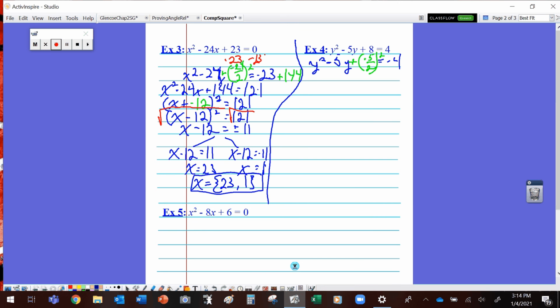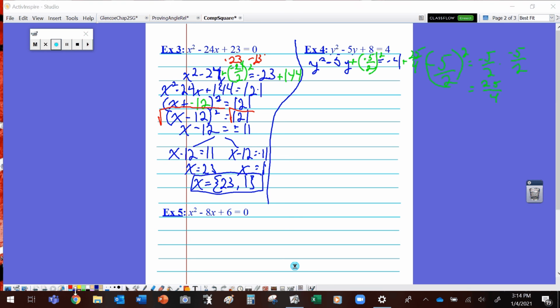So if I take negative 5 and divide it by 2 and square it, well, to square something means to multiply it by itself. So negative 5 halves times negative 5 halves, we multiply straight across and we get 25 fourths. Okay, so that's what I need to add right here. So plus 25 over 4.